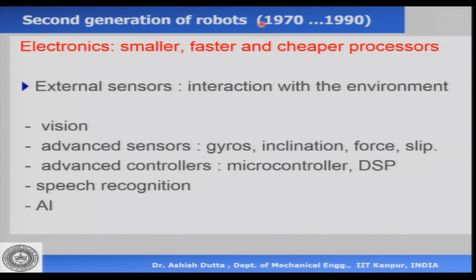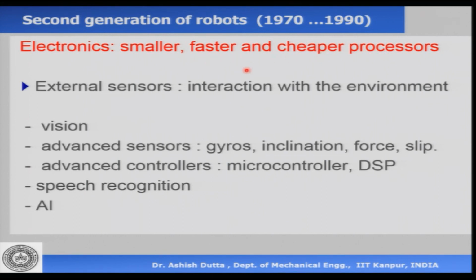And this is essentially because of the invention of VLSI, or very large scale integrated circuits, about the 1970s, because of which all the electronics became smaller, faster, and cheaper, because you could replace a lot of the earlier vacuum tubes, diodes, and triodes with faster electronic devices embedded in a single board.